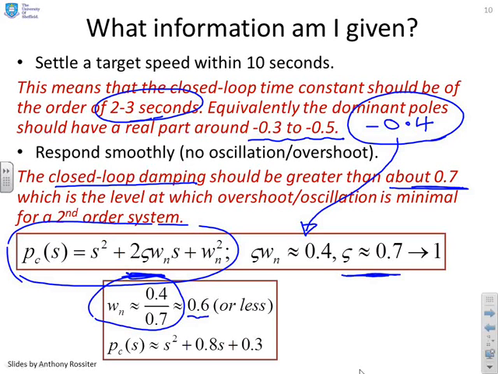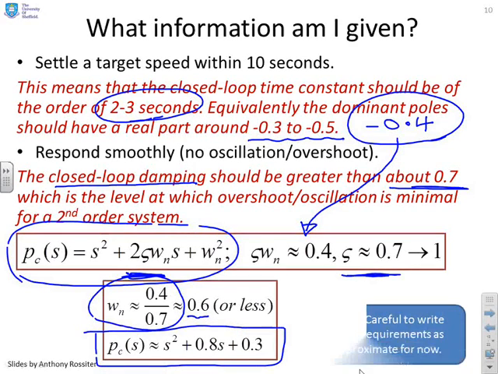You'll notice I'm using approximate throughout, and therefore my closed-loop polynomial will be something like this. I've been very careful to write these requirements as approximate because they're ballpark, not exact. So we want a closed-loop pole polynomial something like s squared plus 0.8s plus 0.3.